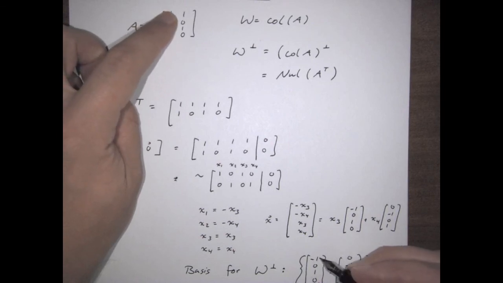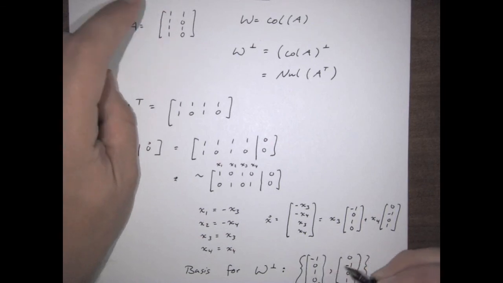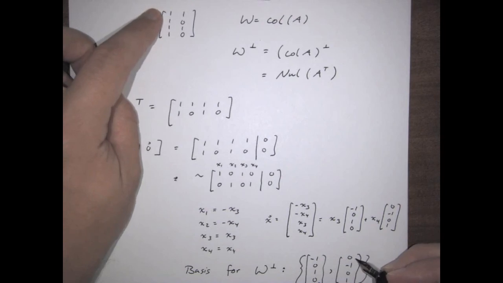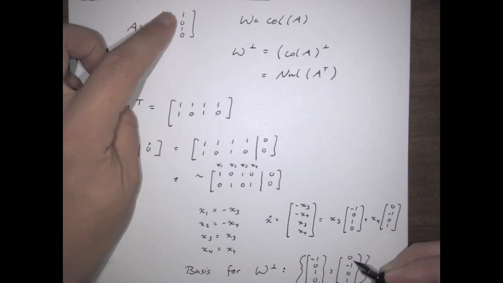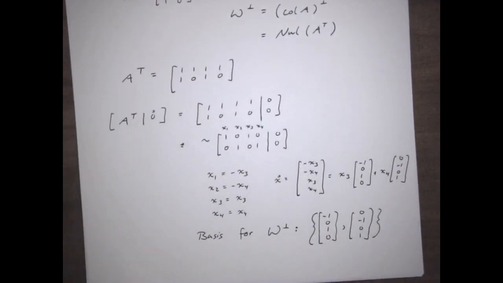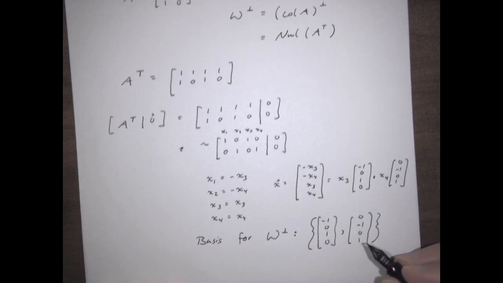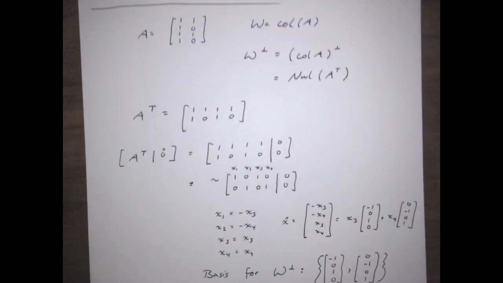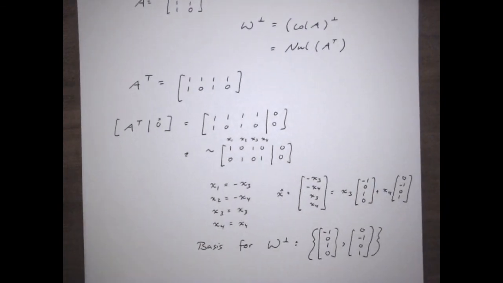And here, negative 1 plus 1 equals 0. Here we have negative 1 plus 1 equals 0, and 0, 0, 0, 0 equals 0. So we have our two elements that are each perpendicular to each of the elements of this basis, and so this will be a basis for the orthogonal complement to W.